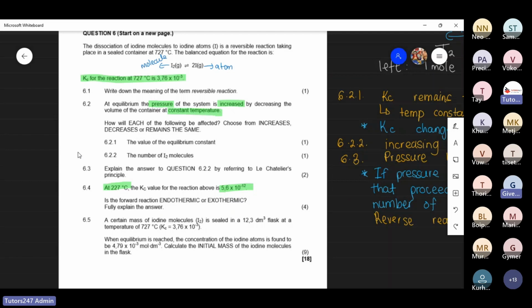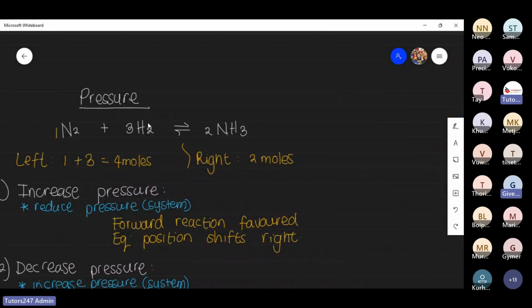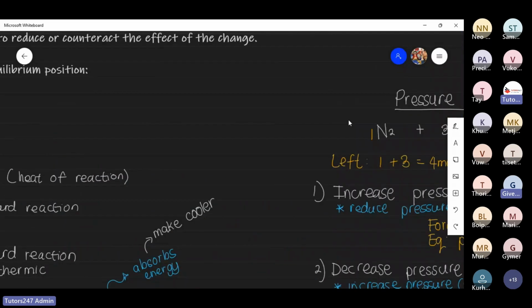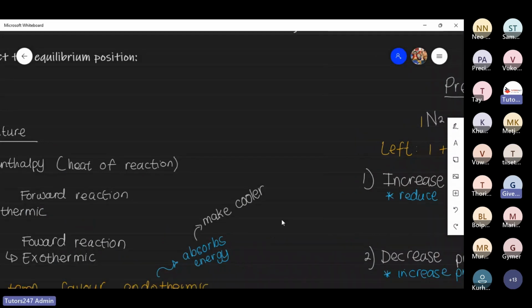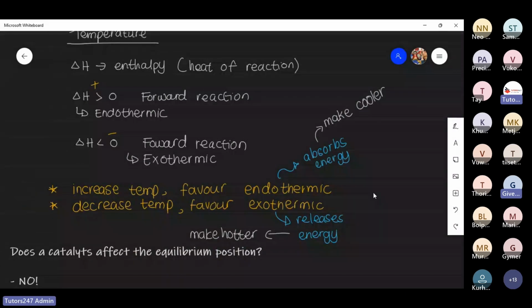So if you look at temperature, the two important notes that you needed to remember was that as temperature increases, the system favors the endothermic reaction. As temperature decreases, the exothermic reaction will be favored. So knowing that, let us move back to our question.